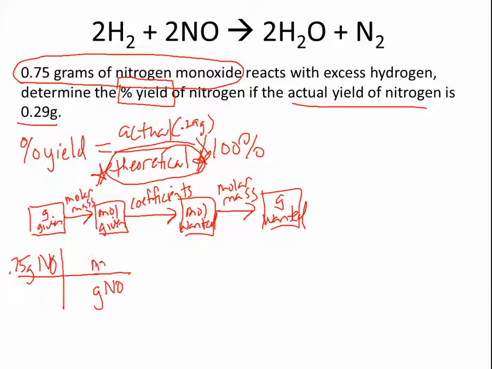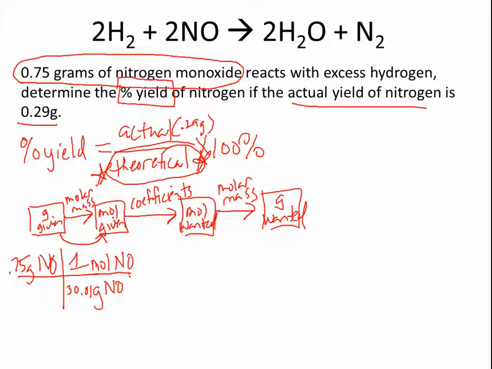And then we want to go to moles of nitrogen monoxide. That's on top. And for our conversion, 1 mole of nitrogen monoxide, we have 1 nitrogen, which is 14.01, plus 1 oxygen, which is 16. So we have a mass of 30.01 grams of nitrogen monoxide. So this is going to take us from here to here.